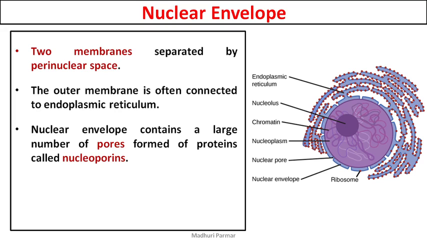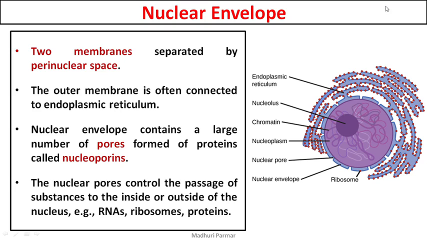So whatever mRNA, tRNA, rRNA are synthesized in the nucleus will leave the nucleus and enter the cytoplasm through these nuclear pores. However, it will not allow DNA to leak out. It will still keep the DNA inside it. The nuclear pores control passage of substances like RNA, ribosomes, and proteins.